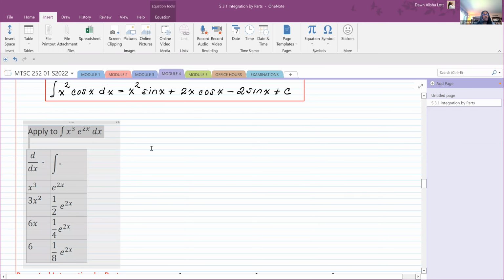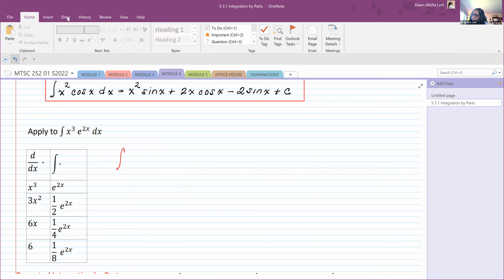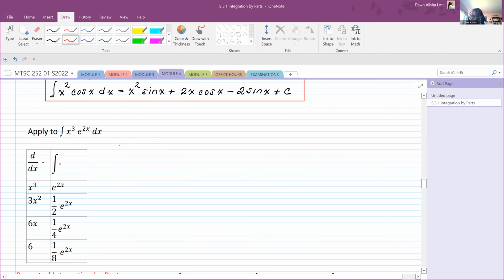We want to apply this to the integral of x cubed e to the 2x dx. So here u is x cubed and dv is e to the 2x dx.